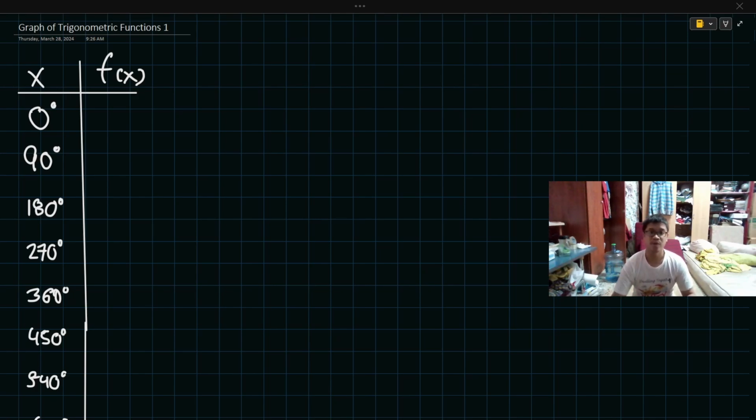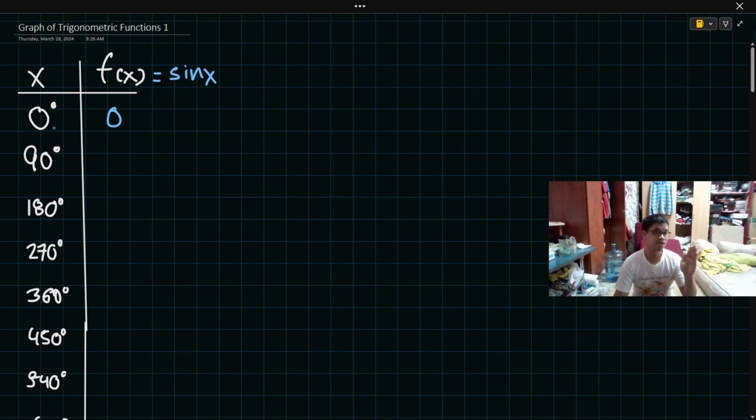So let's start first with sine. Let's just say the f of x, or the function that you're going to use, is sine. So let's begin. If you substitute 0 degrees in the sine function, you will have exactly 0.